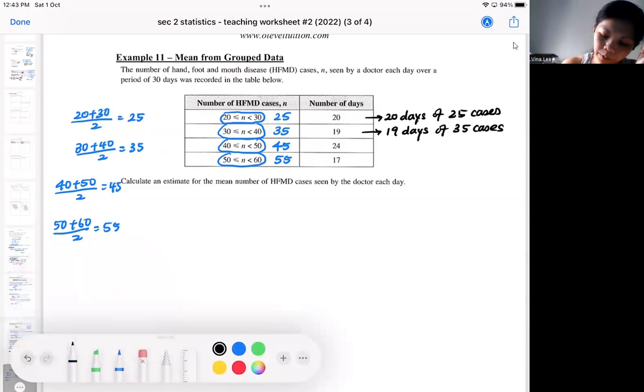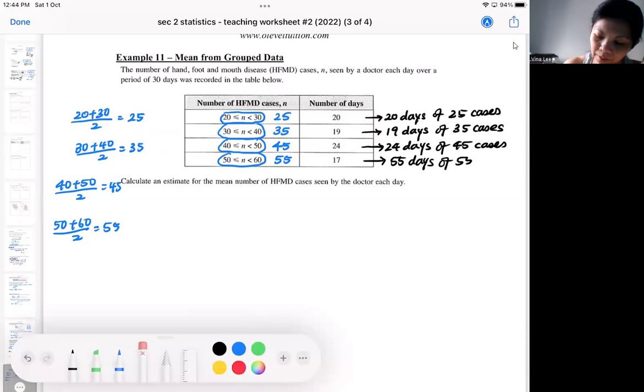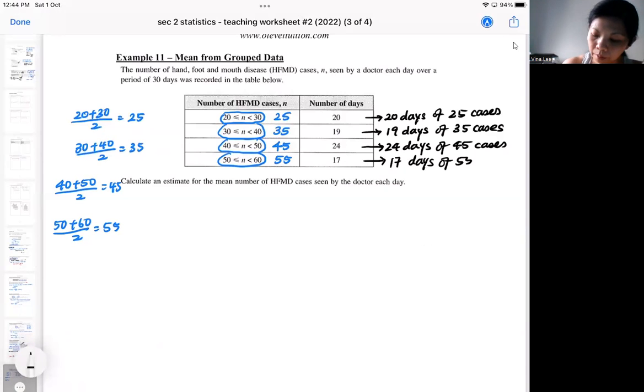So the interpretation will be 24 days of 45 cases each. And then I got 55 days of, no, not 55 days, 17 days of 55 cases each.